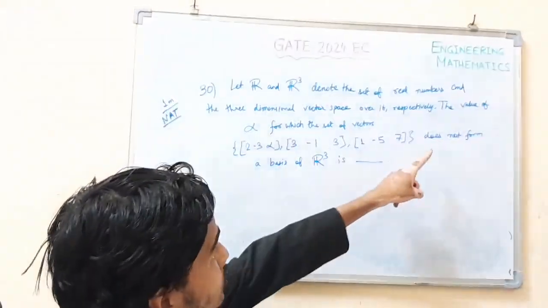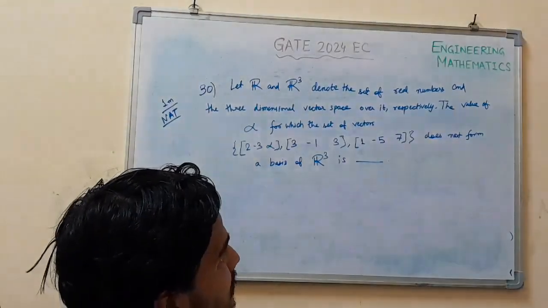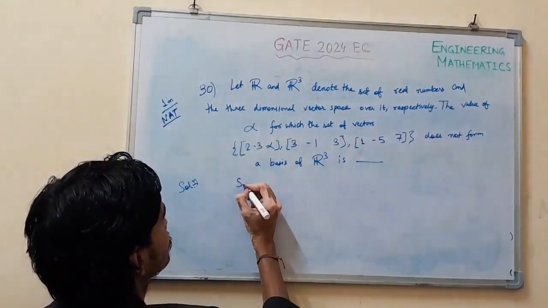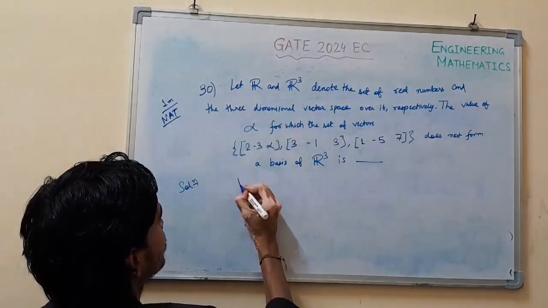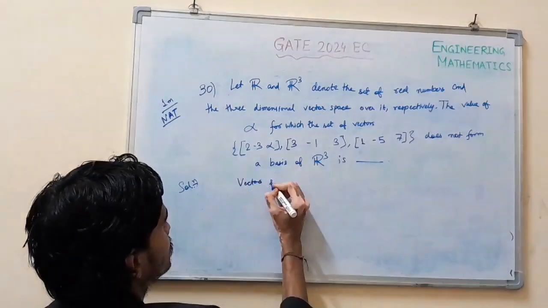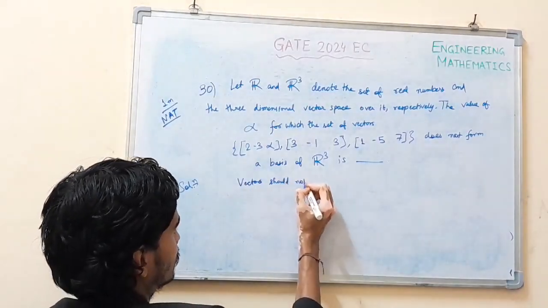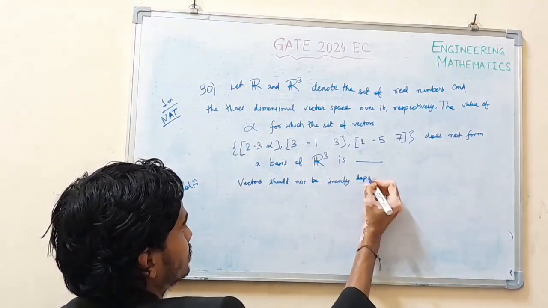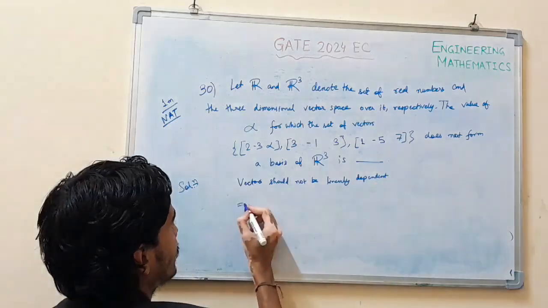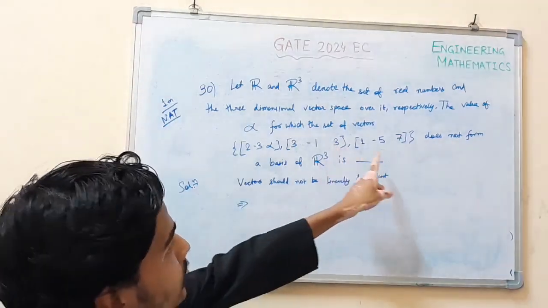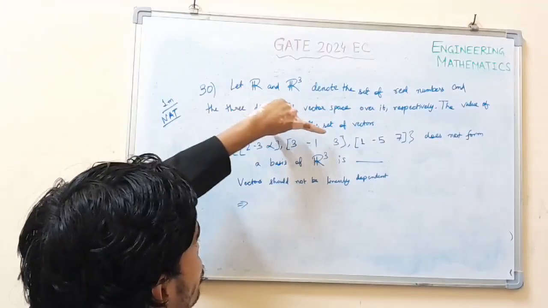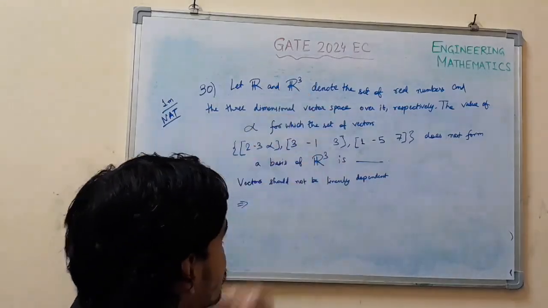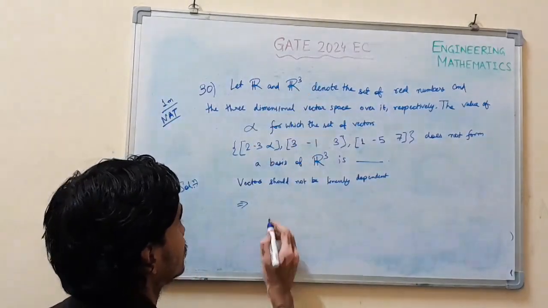For this set of vectors not to form a basis of R cube, they should be linearly dependent. Vectors are linearly independent when the determinant containing these vectors is not equal to 0.